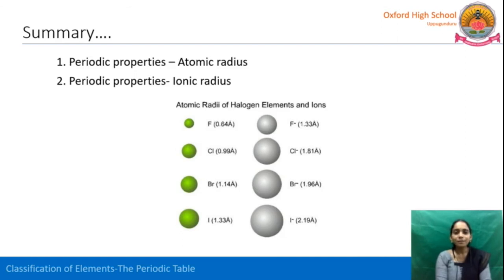The neutral atom fluorine is smaller in size than its anion. All the green ones are neutral atoms and the white ones are their anions. So anions, the negatively charged ions, are bigger than their neutral atoms, whereas cations are smaller than neutral atoms.